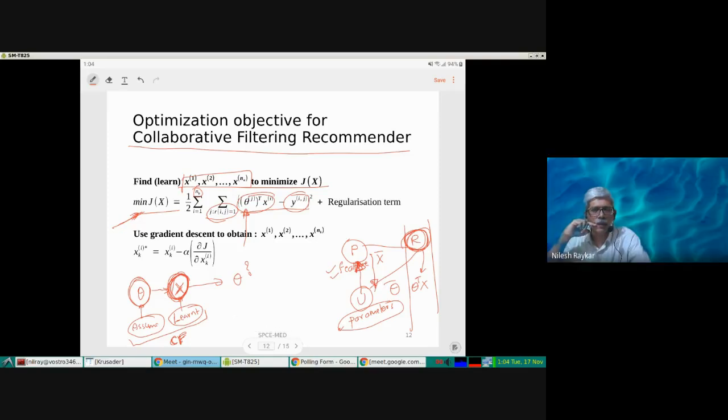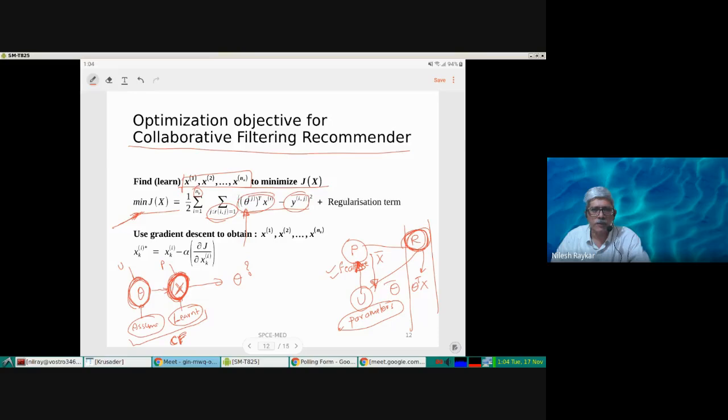What you said is correct, that at this stage we have got the assumed theta vector and the rough estimate of the x vector. That is, this is the user vector and this is the product vector. So at this stage, for all products, we have got their feature vector, and for users also we have got their vectors.